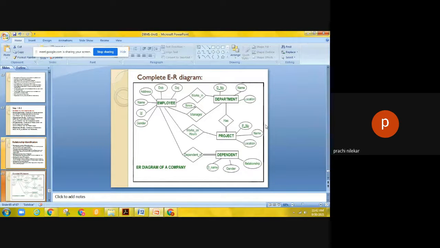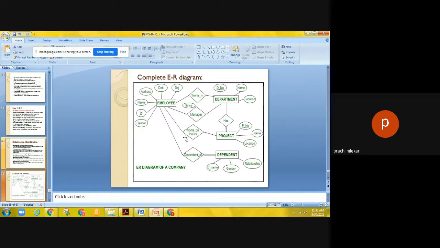Now represent the relationships. Employee works in department. Okay. Manager is one of the employees. One of the employee types is manager, who works for the department. Okay.